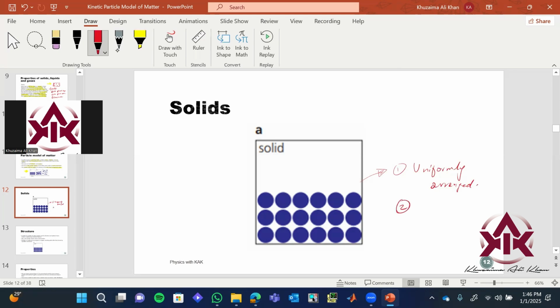The second thing you might have observed is that it does not have enough spaces. The third thing, which you will understand if you observe it under a microscope, is that the particles are in constant motion, right?